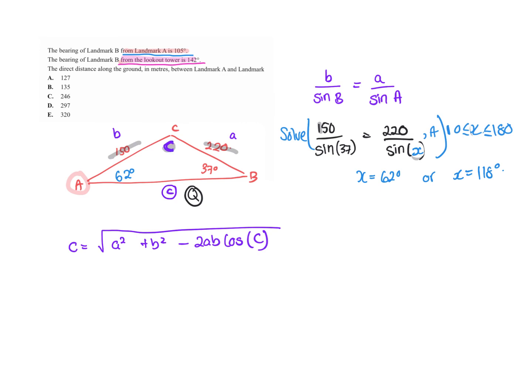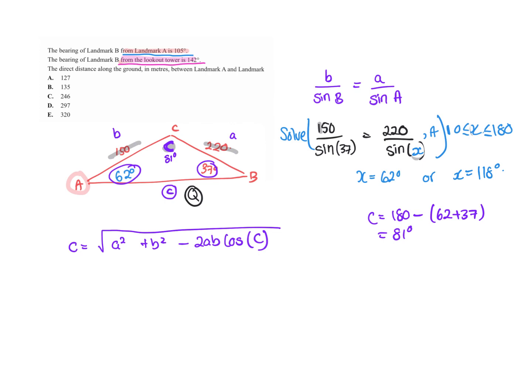If this is 62, this is 37, C would equal 180 minus those two added together. So we can do that. Okay, so then I get C to be 81.